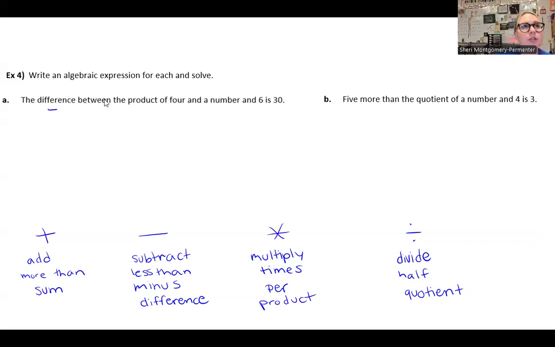So the difference between the product, so we're going to have to multiply two things. We're going to be multiplying something, 4 and a number. Couldn't a number be anything? It could be X, right? So we've got 4 and a number.